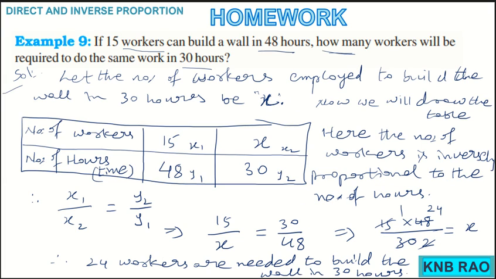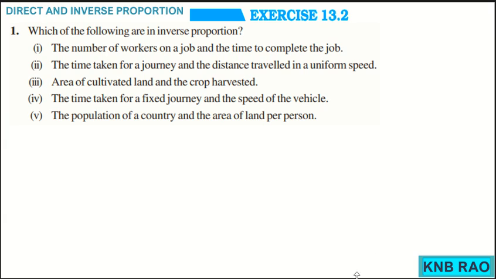Now, coming to the exercise 13.2. In 13.2, question number 1, which of the following are in inverse proportion? First, the number of workers on a job and the time to complete the job. Just now we solved example number 9, definitely it is inverse proportion.